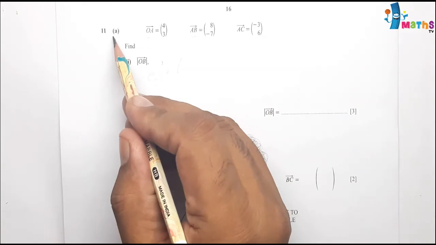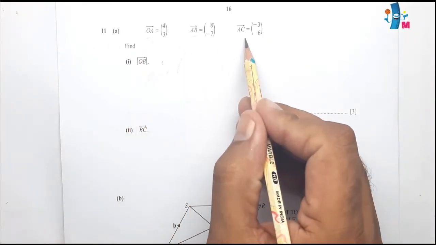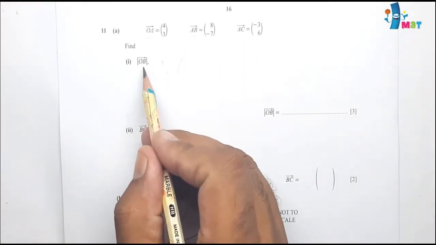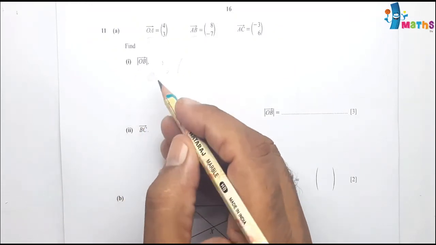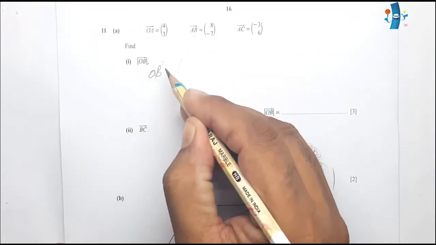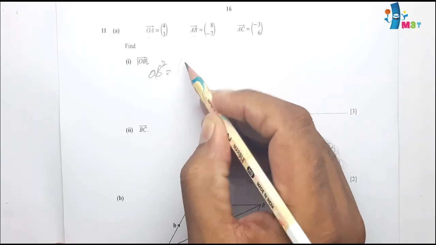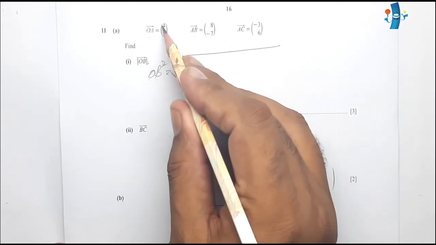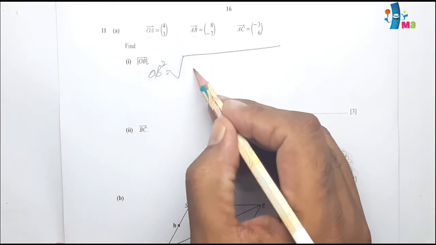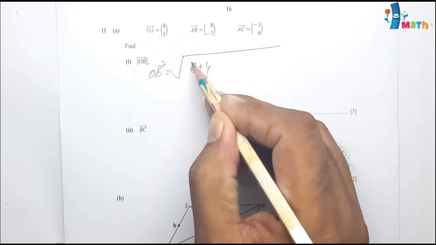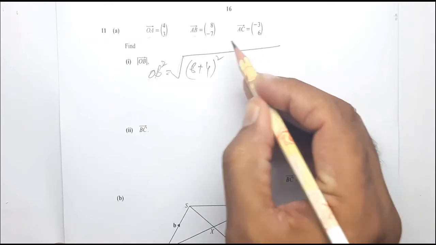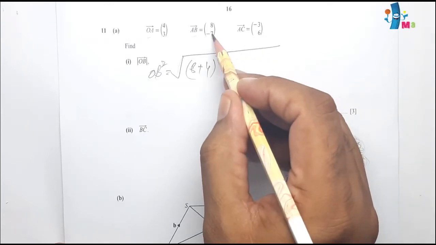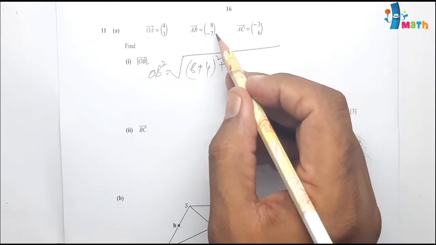Question number 11, A part: OA is given, AB is given and AC is given. We have to find the modulus of OB. So we will apply the formula: OB squared is equal to the square root of (8 plus 4) squared plus (minus 7 plus 3) squared. So 8 plus 4 is 12, and 12 squared is 144.